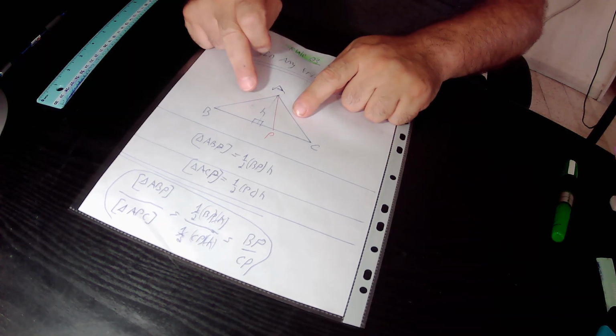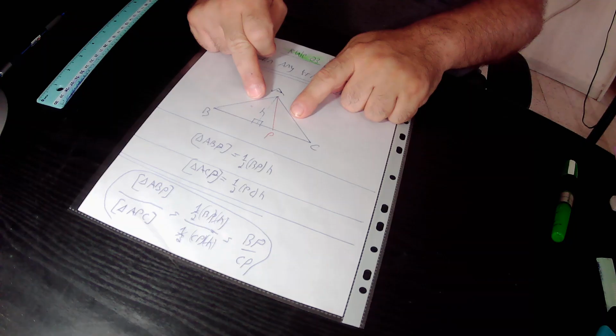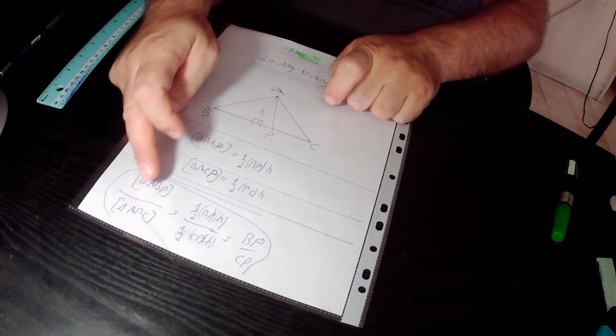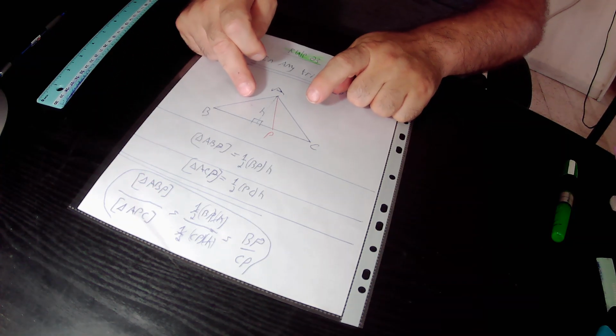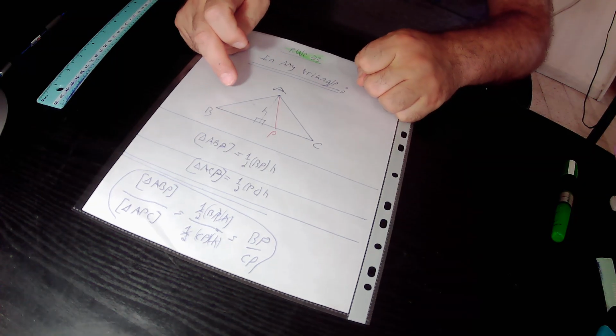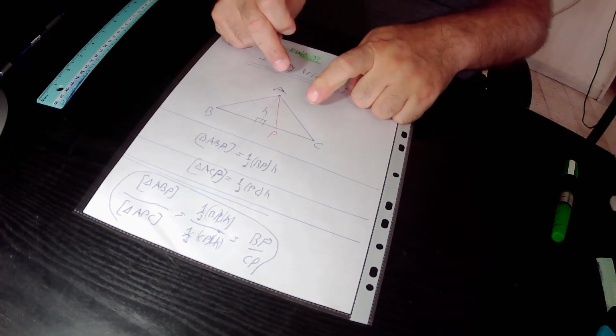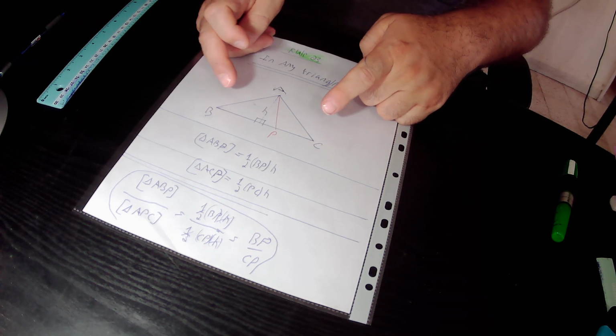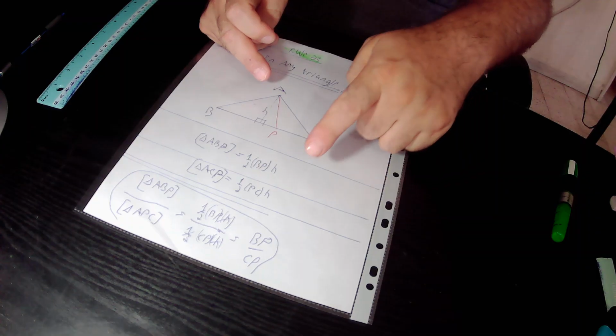The ratio between the areas is the area of triangle ABP over the area of triangle APC, and that ratio is equal to the ratio between their corresponding bases. The base of triangle ABP is BP and the base of triangle APC is PC, so the ratio is BP over PC.